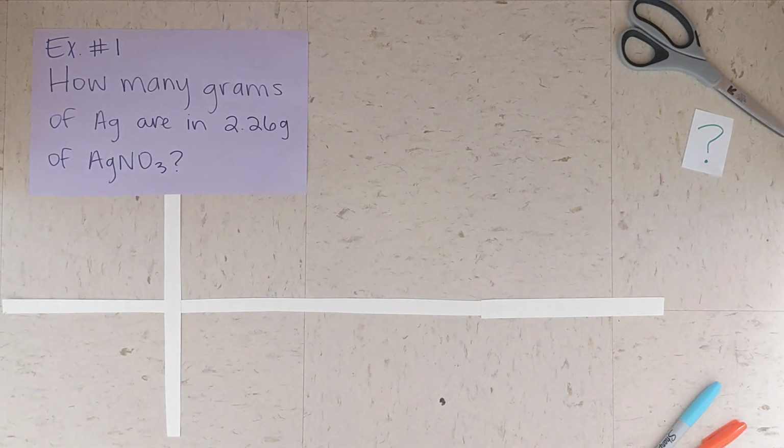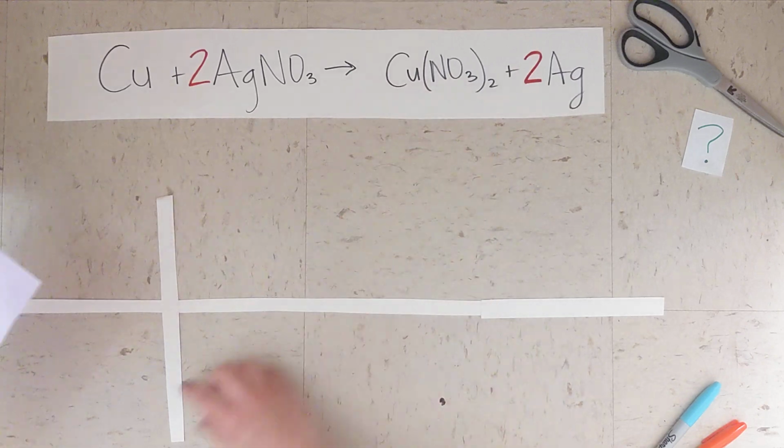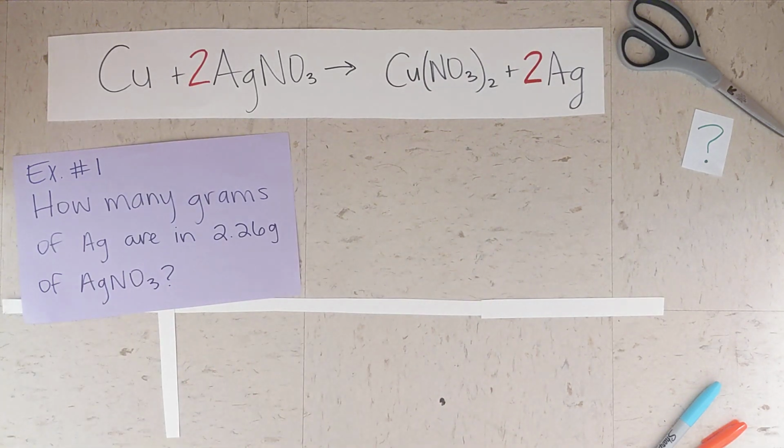How many grams of Ag are in 2.26 grams of AgNO3? In order to work this problem, the first thing we'll need is a balanced chemical equation. And I have that for you right here. So let's go ahead and identify what we were given in the problem and what we need to find.